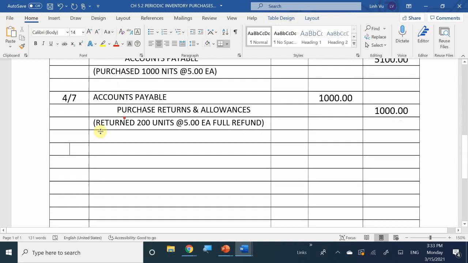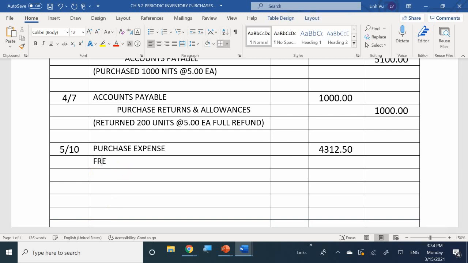So, how are we going to journalize this? Purchase expense for $4,312.50. Good. Purchase expense for $4,312.50. What else? And then freight expense $75.